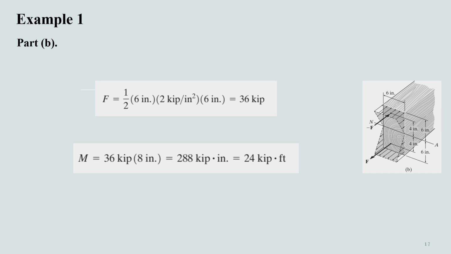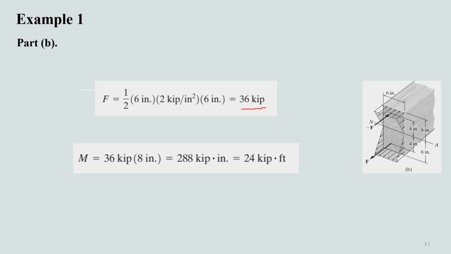This is very similar to what we did in a previous lecture regarding variational loading. After determining the area of the triangular strip, we multiply it by the whole 6-inch width, and from this we come to the answer of 36 kip.